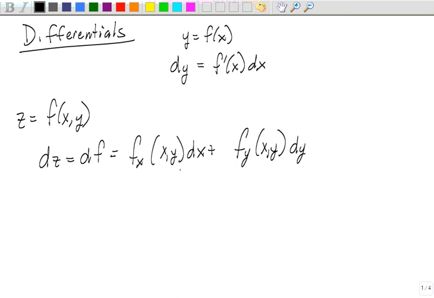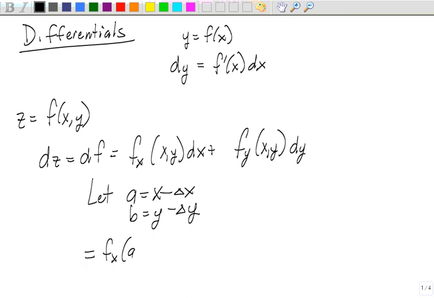We could do it like this. We could say let a equal x minus delta x and b equal y minus delta y. So this is also equal to f sub x at (a, b) times (x minus a), plus f sub y at (a, b) times (y minus b).